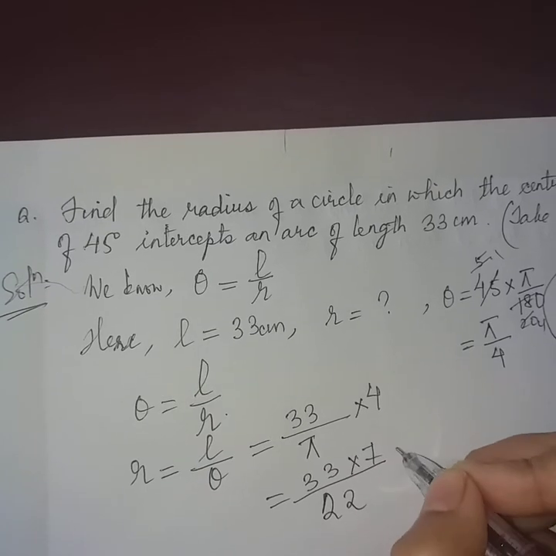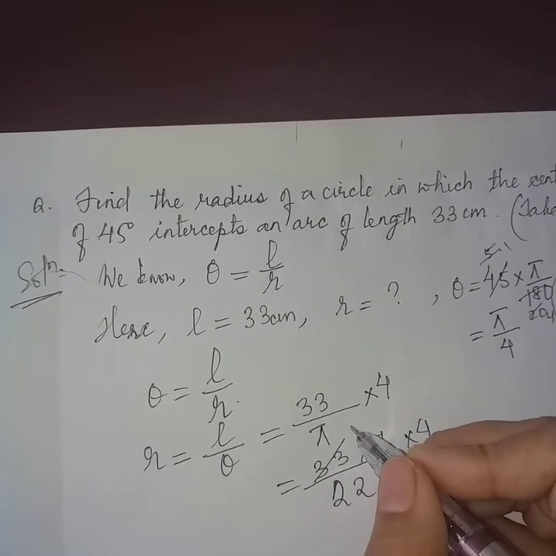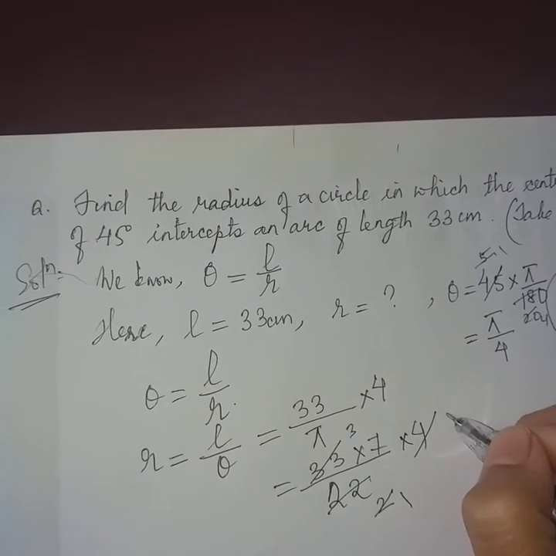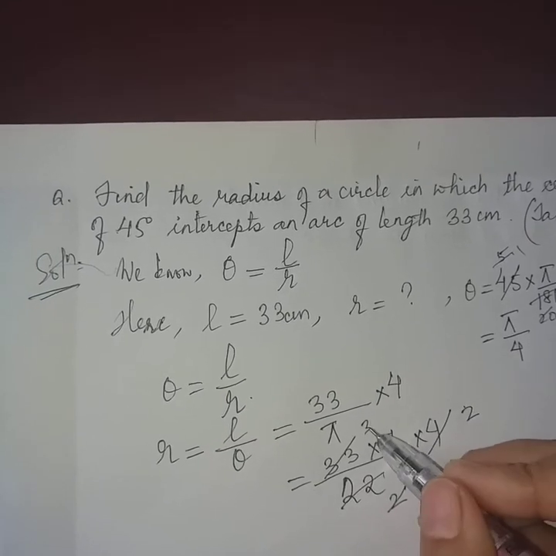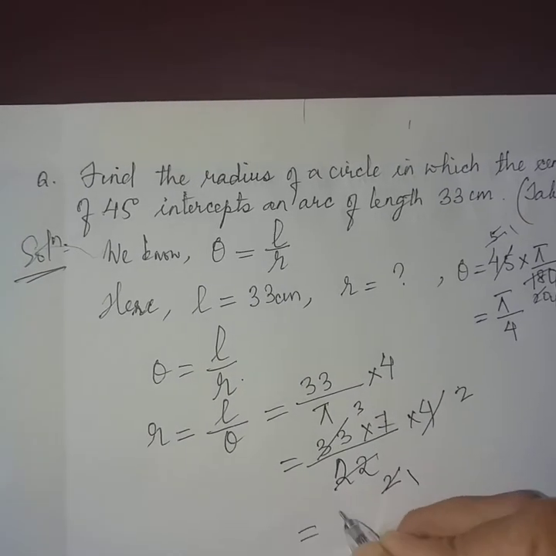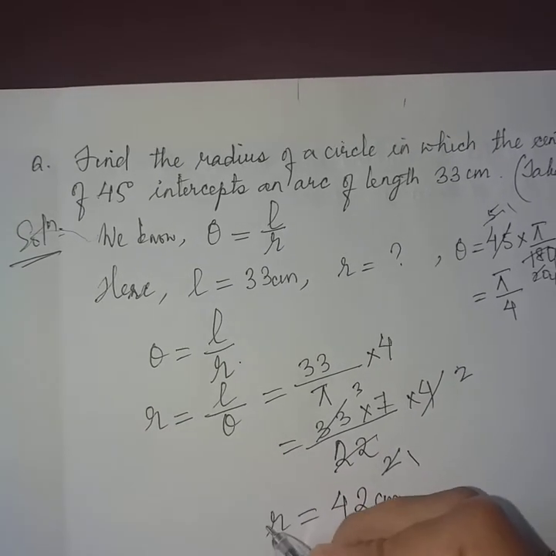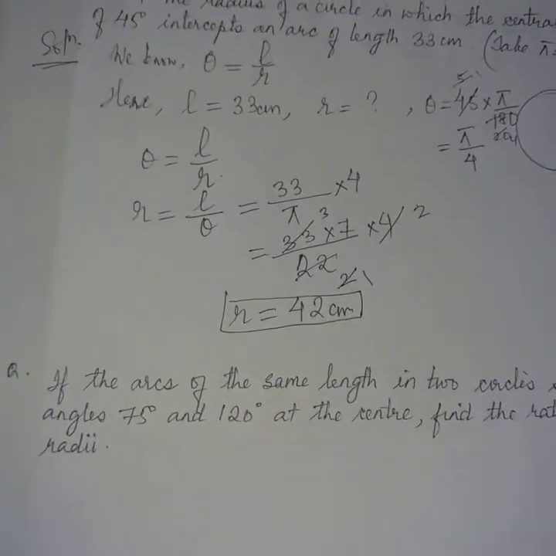Again 7 comes in the numerator and there is 22 and 4. Easily we can cancel: 11 into 3, 11 2s are 22, 2 2s are 4. So it is 7 2s are 14, 14 into 3 is 42 centimeter. So the radius is 42 centimeter. So this is one problem.